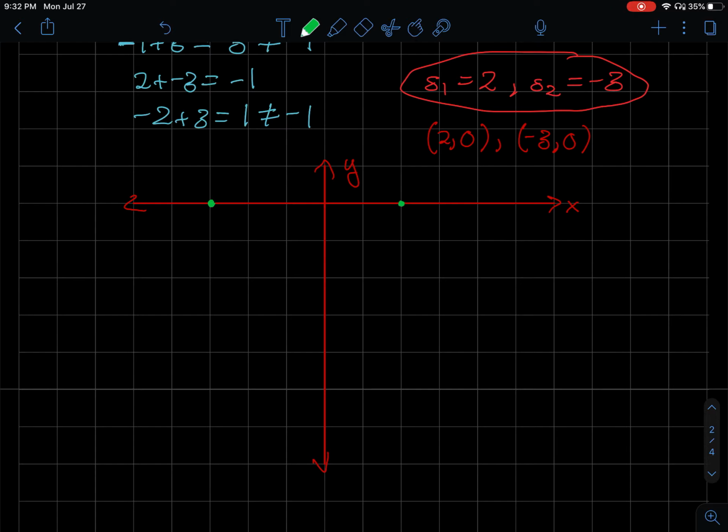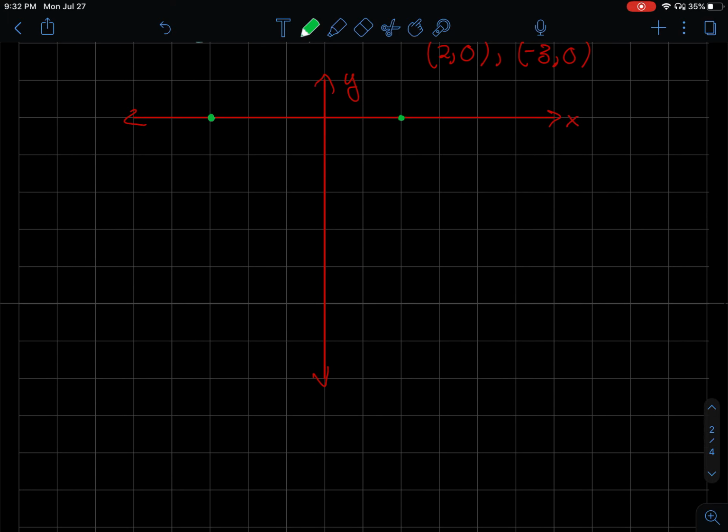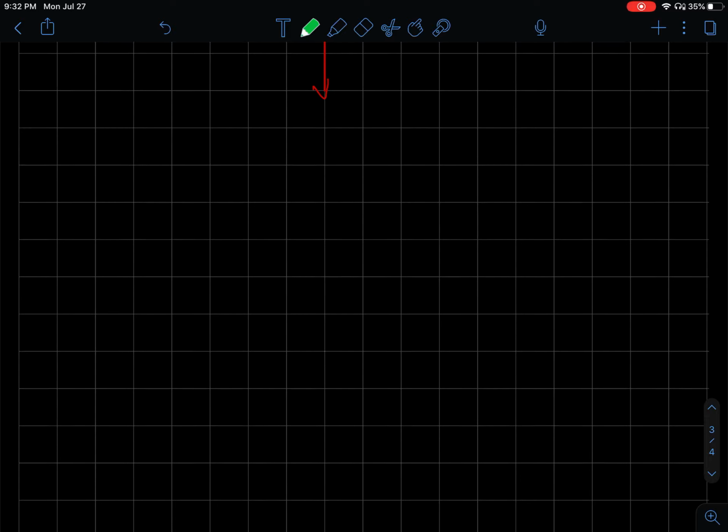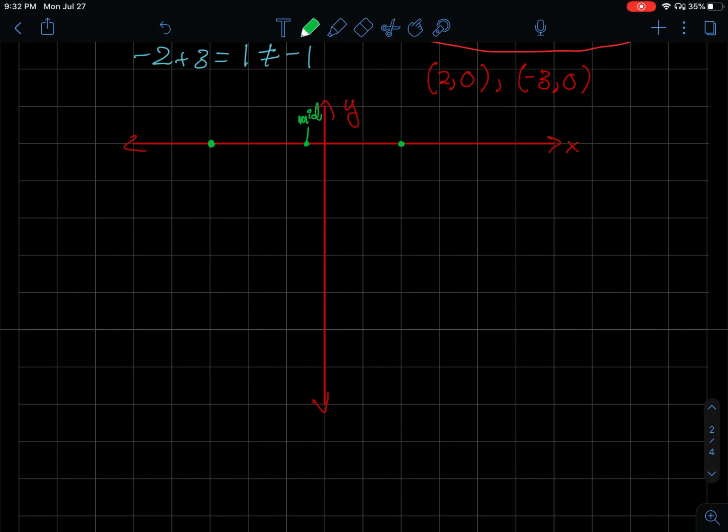Now we can go about finding the vertex. Let's use that midpoint thing I was talking about. The midpoint would estimate to be about there. How do you find the point exactly in between? Well, we already know the y-coordinate is 0 because that's on the x-axis.